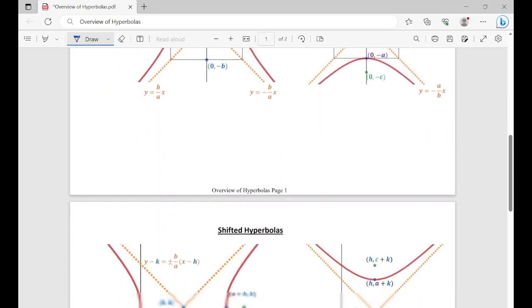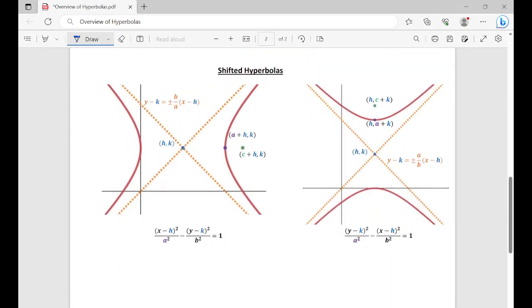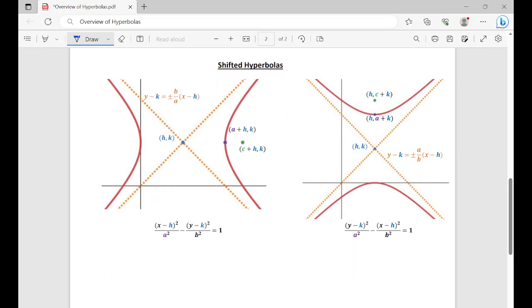But just like with other conic sections, they can be shifted, and hyperbolas are no different. A shifted hyperbola, in this form here, has the equation x minus h all squared over a squared minus y minus k all squared over b squared equals 1. To find each part of the hyperbola, the center just comes from h and k right here.